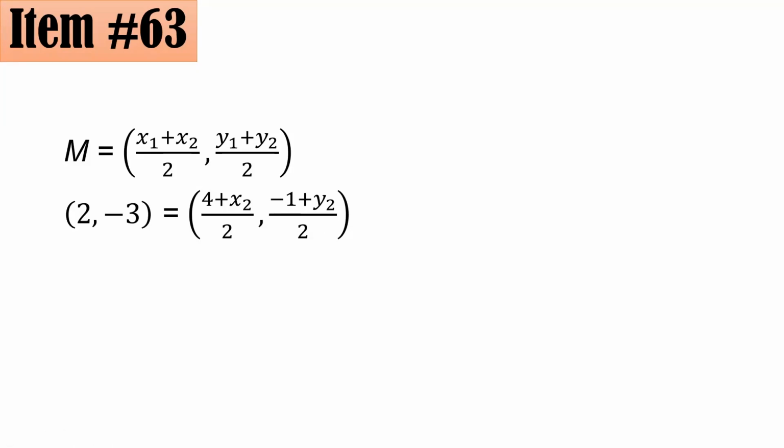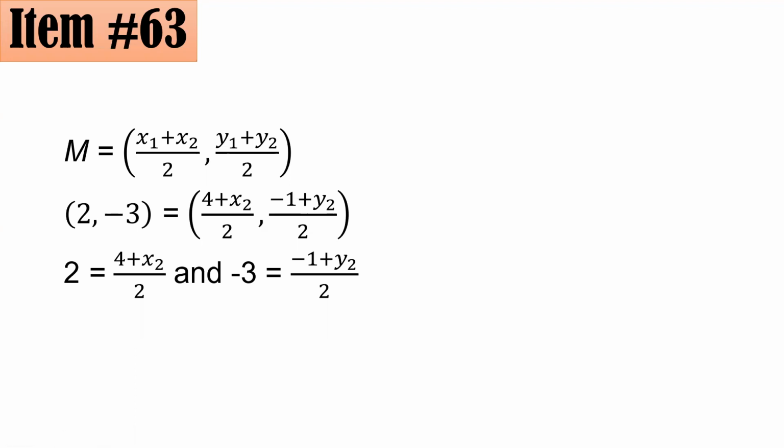Take note po, itong 2 na ito yung x. Sa kabilang side, yung 4 plus x sub 2 all over 2, yung x coordinate. That's why we could say na equal po silang dalawa. And y coordinate po yung -3 dito. Ito naman po yung y coordinate dito. That's why I could say that -3 is also equal to -1 plus y sub 2 all over 2.